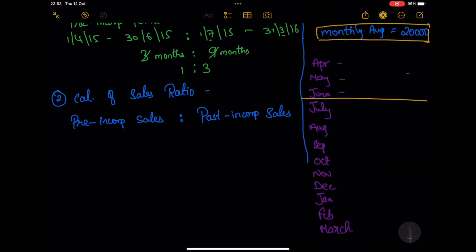So what basic information have they given in the question? They have mentioned April and May half of average sales. Half of average sales means half of 20,000, isn't it? So which means 10,000.